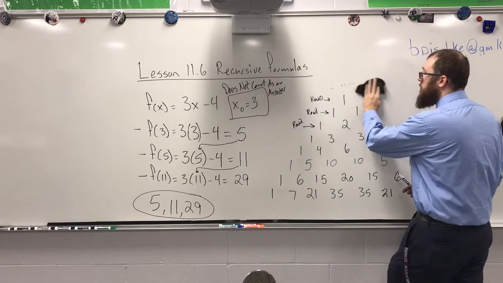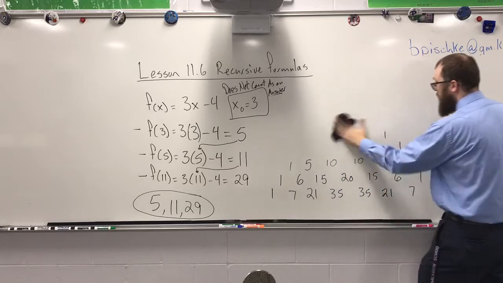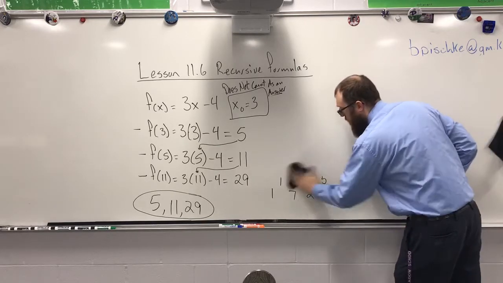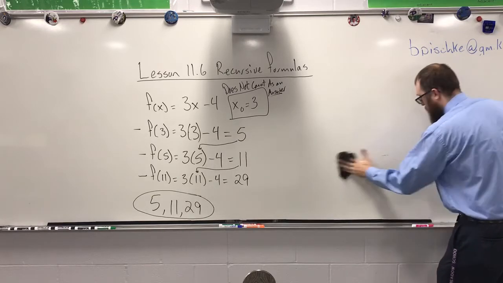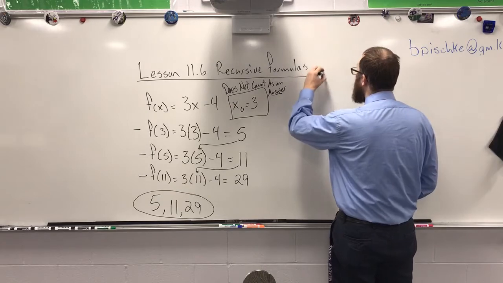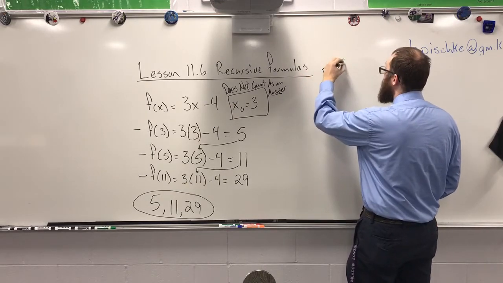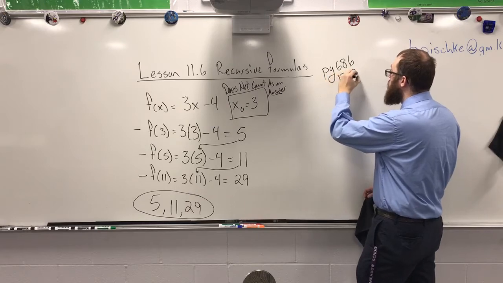Alright, so now I'm going to jump down to the homework. This is exactly how the homework works, by the way. If you head over to the homework page, which is on page 686, we're going to be working the problems in the zone 17 to 22.